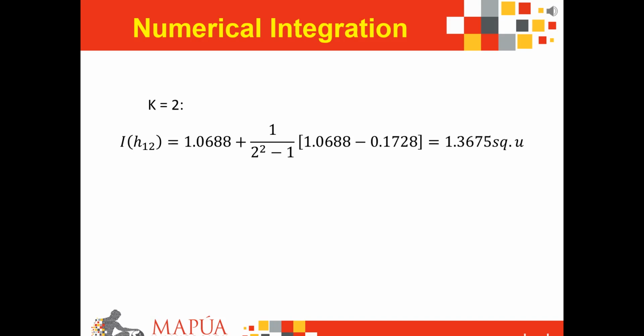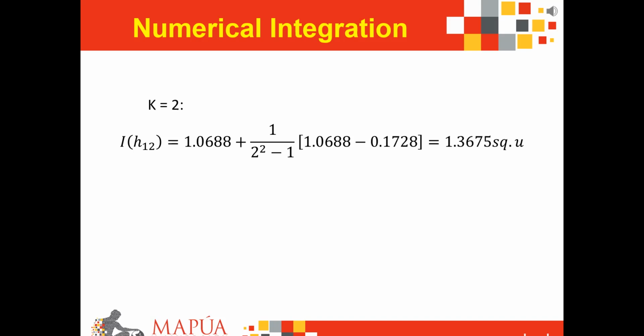And you end up with an improved integral value now of 1.3675. If I compare this answer to the previous two estimates, which is 1.0688 and 0.1728, this integral estimate by far is more accurate because this is closer to my true integral value of 1.6405. So definitely it was improved.